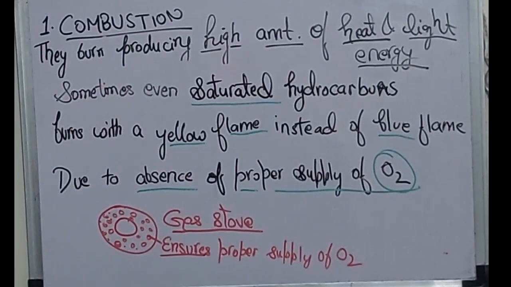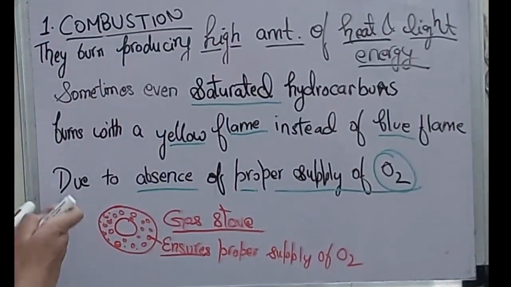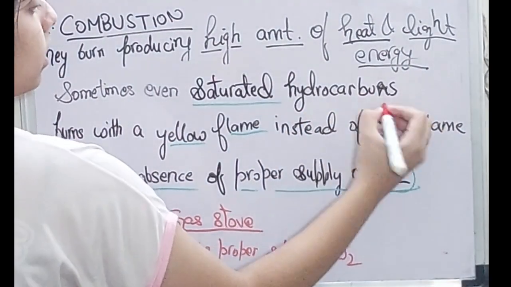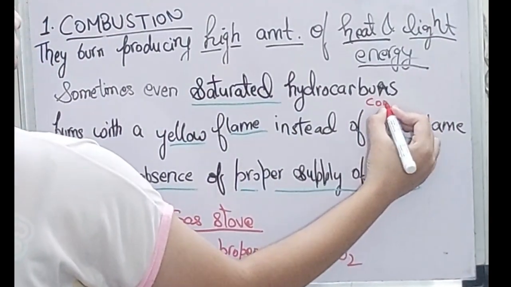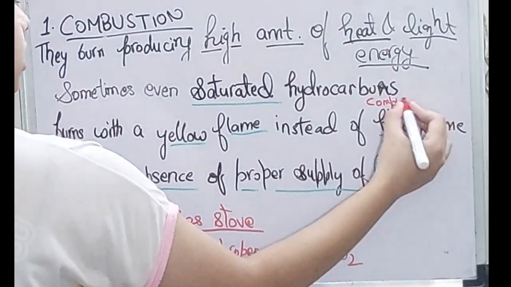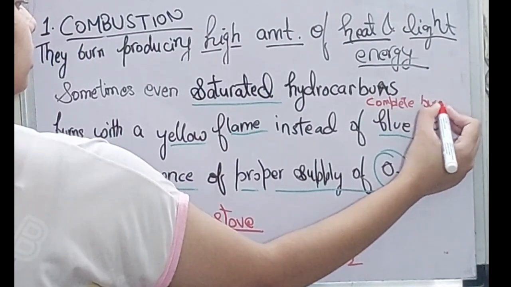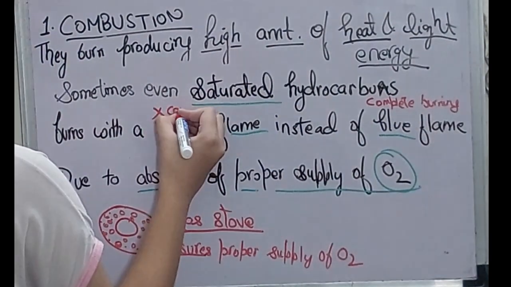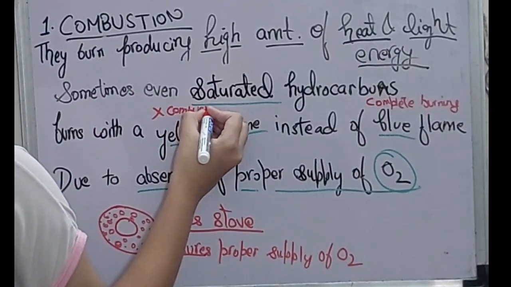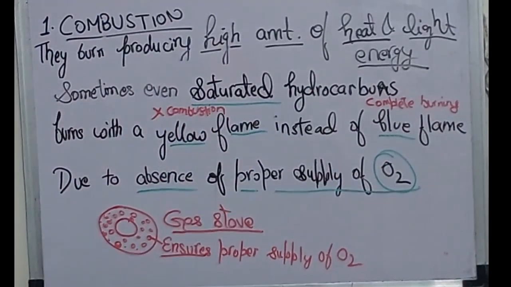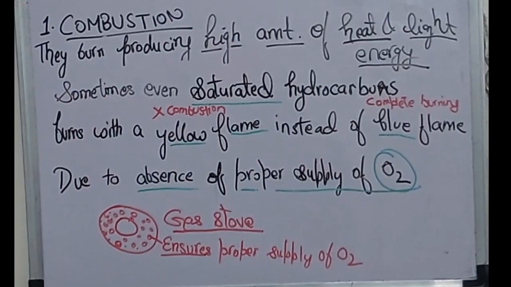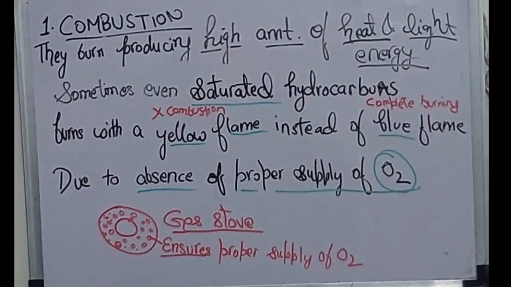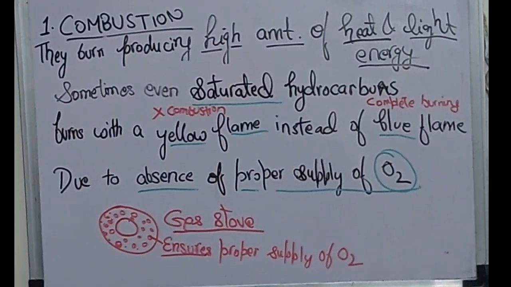The thing is, blue flame means complete burning or combustion, but yellow flame means not complete combustion. That's the only case. I'm not talking about whether it looks beautiful to have a blue flame, or ugly to have yellow flames.